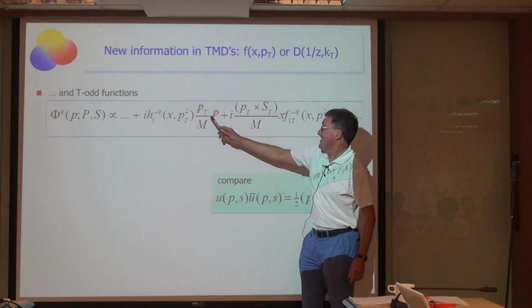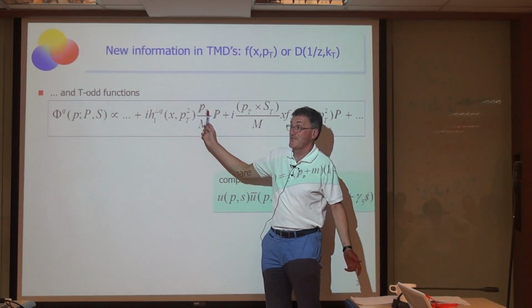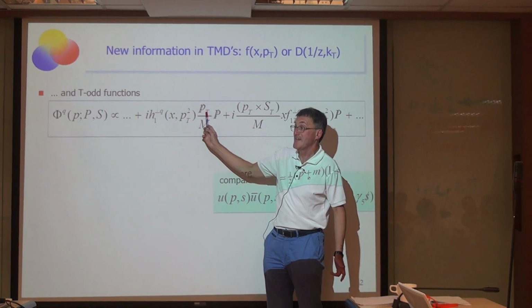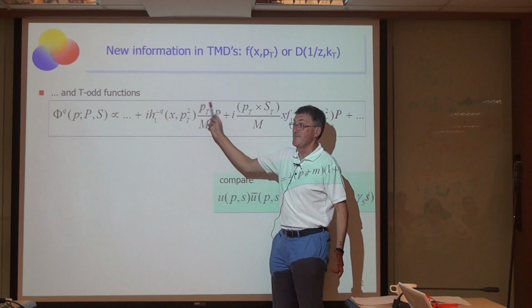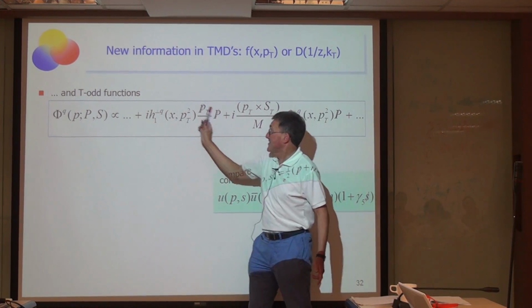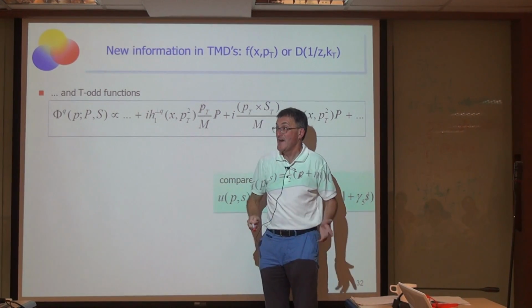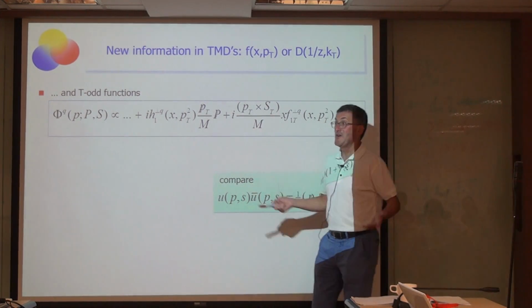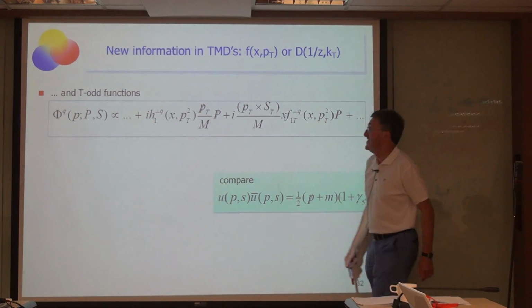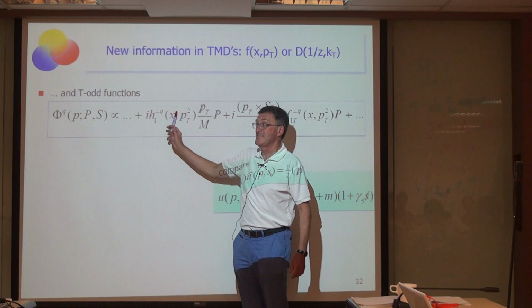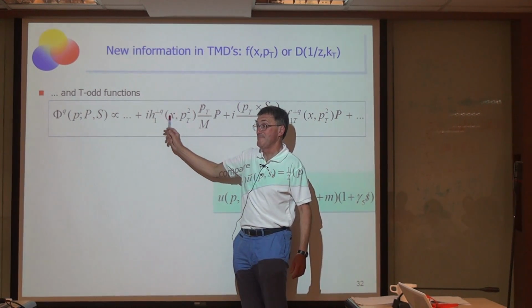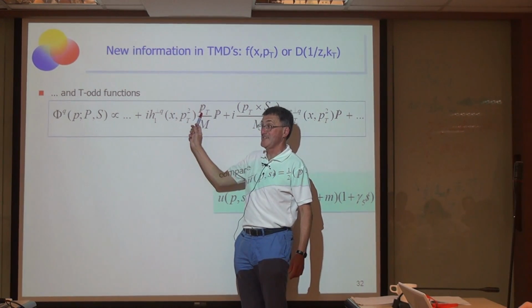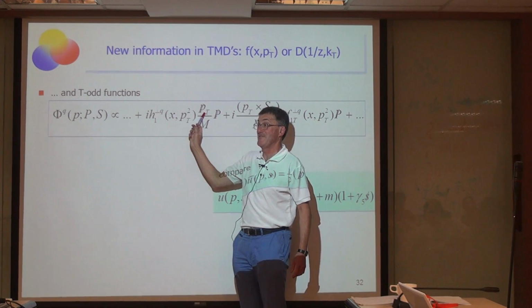So this must be transversely polarized quarks. That you see from the Dirac structure. But in this whole expression there is no SL, no ST. It's in an unpolarized nucleon. So this function represents transversely polarized quarks in an unpolarized nucleon. It can exist because PT is available.